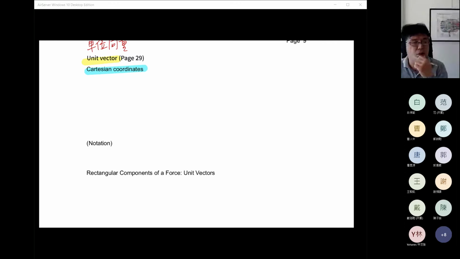Does anybody know the Chinese of this one? I think you should have learned it at high school. Okay, you may lower your hands. Thank you. Does anybody know what this one is in Chinese? You can either say it or write it down in the chat box.